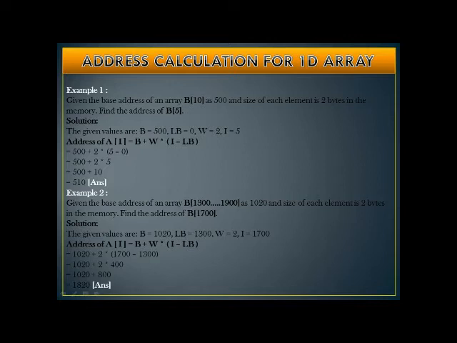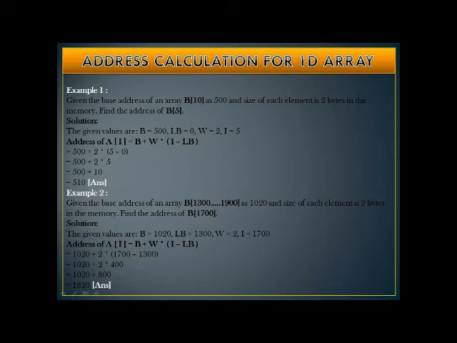So 10 is the number of elements present in this array, where b of 0, the first cell of this B array, is saved in memory location 500, and each cell takes 2 bytes of memory. The question asks us to find out the address of B of 5.